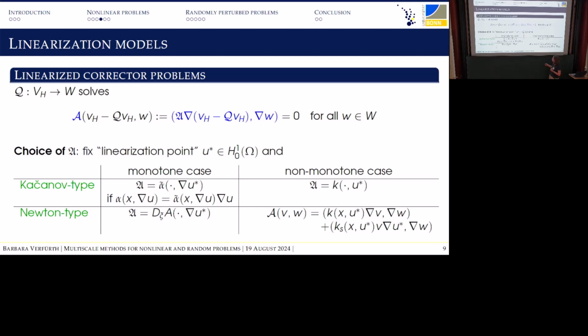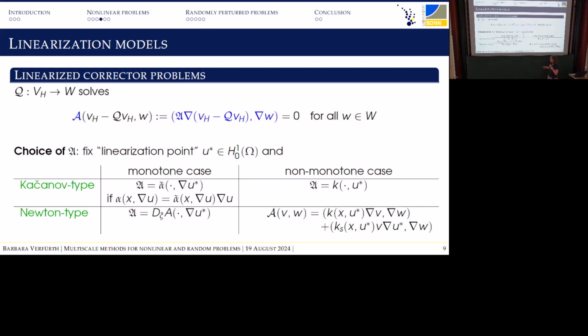So first of all, the choice always hinges upon, and we'll speak about this a bit more later, that I choose or fix what I call a linearization point, some specific function U star, around which I linearize my nonlinearity in order to generate the fractal A. And I can do this in different ways.